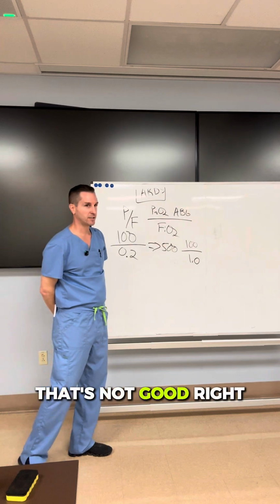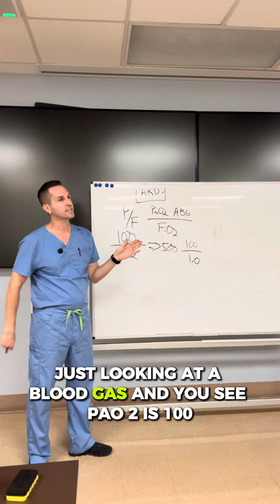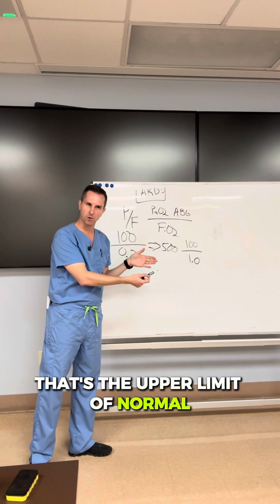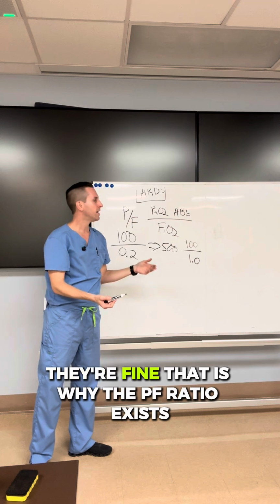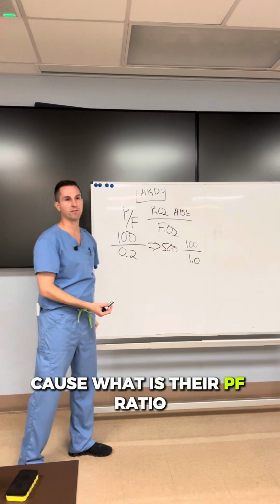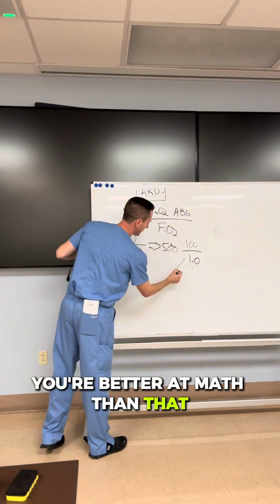That's not good, right? But to the untrained eye, just looking at a blood gas, you see PaO2 is 100, oh, that's the upper limit of normal. They're fine. That is why the PF ratio exists. Because what is their PF ratio? No, it's 100. Come on, you're better at math than that.